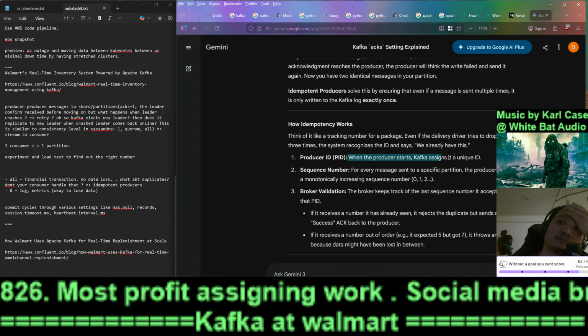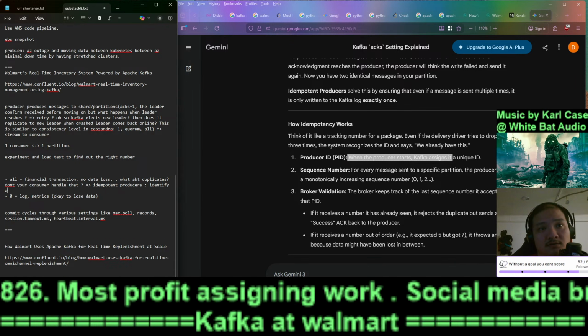Okay. So basically identify by using a unique ID. And it's a secret number.